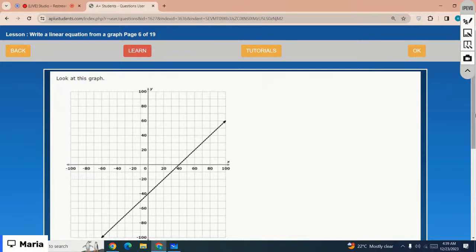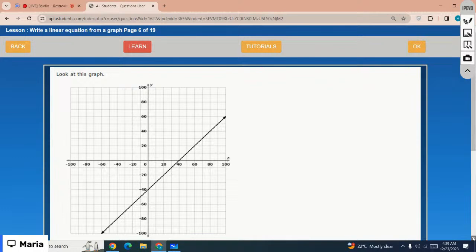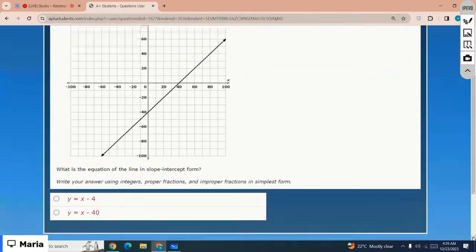Look at this graph. So which is the correct option? The correct option is the second one.